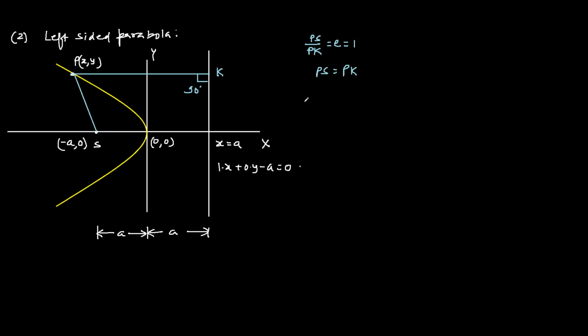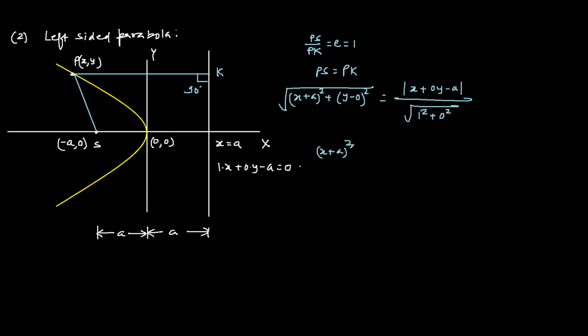So the distance between 2 points is the square root of (x plus a) square plus (y minus 0) square, and the perpendicular distance of point P from this directrix is mod of x plus 0y minus a divided by square root of 1 square plus 0 square. Now squaring both sides, this is (x plus a) square plus y square.